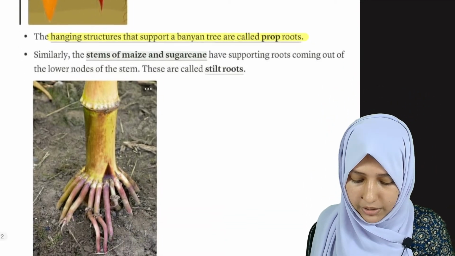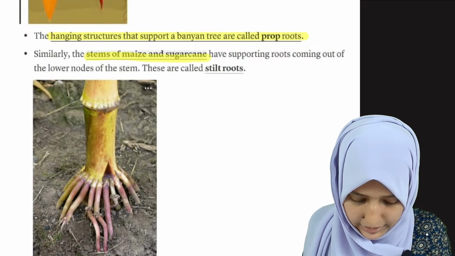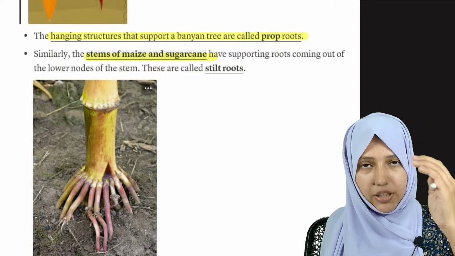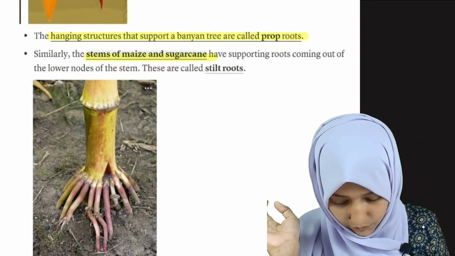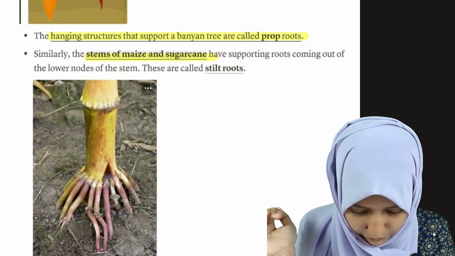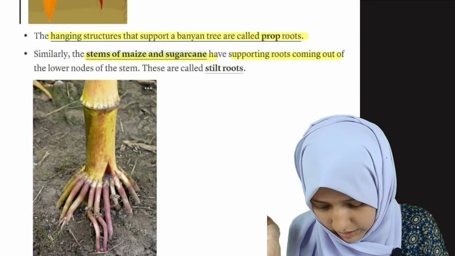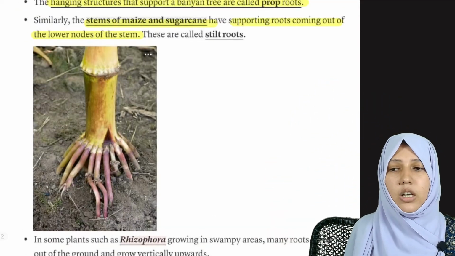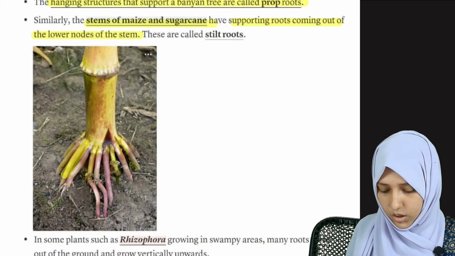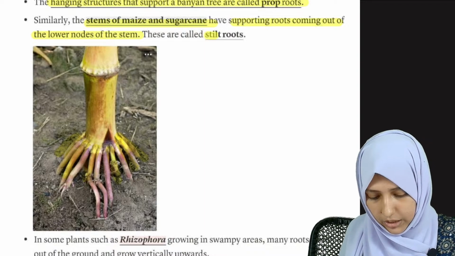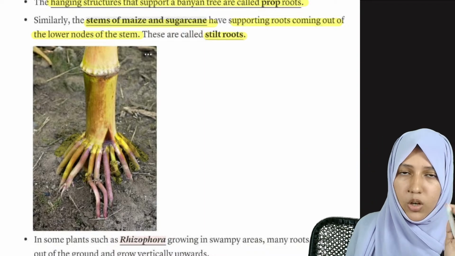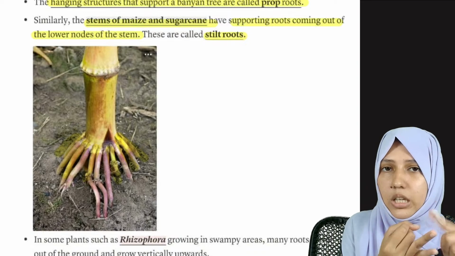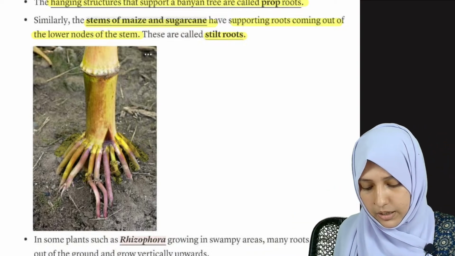And next, the stems of maize and sugarcane will have supporting roots coming out of the lower nodes of the stem, and these are known as stilt roots. Again, this is support. Prop roots are seen in banyan tree and stilt roots are seen in sugarcane and maize.